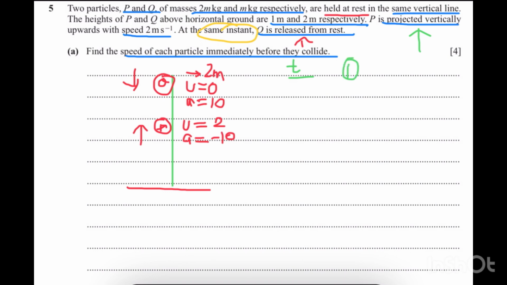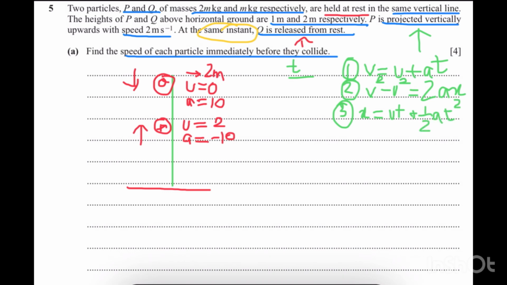The first is v equals u plus at, where v is the final velocity, u is the initial velocity, a is the acceleration, and t is the time. Second, we use the v squared minus u squared equals 2ax formula, where x is the displacement, but we usually just consider that as distance. And the third is x equals ut plus half at squared.